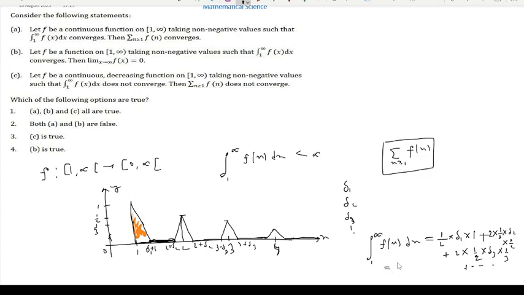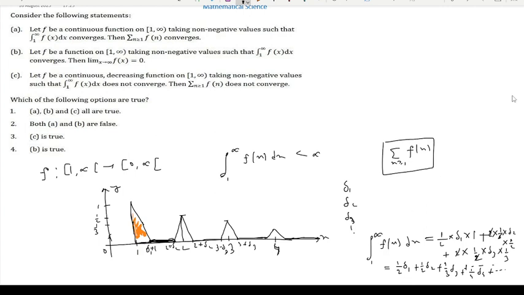We will get half delta 1 plus, after cancelling the 2, half delta 2, plus after cancelling these 2 and 2 we get half into 1 by 3 delta 3, and then for the next part we will get 1 by 4 delta 4 plus and so on.